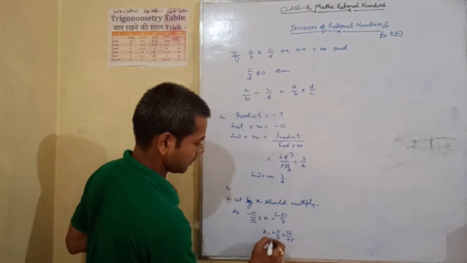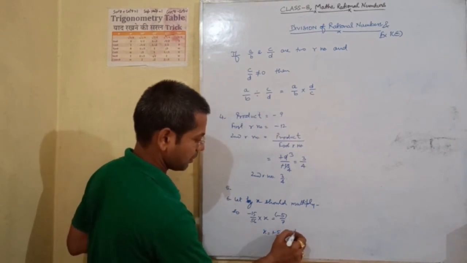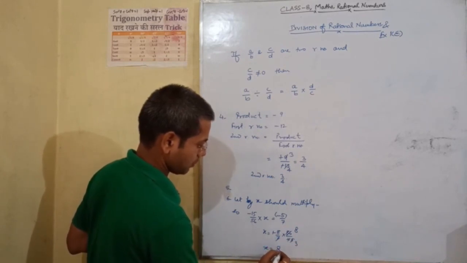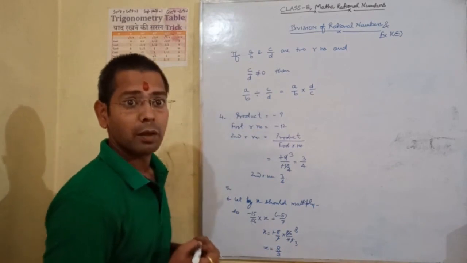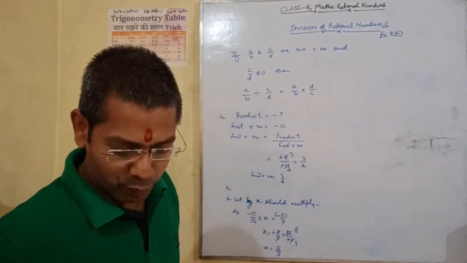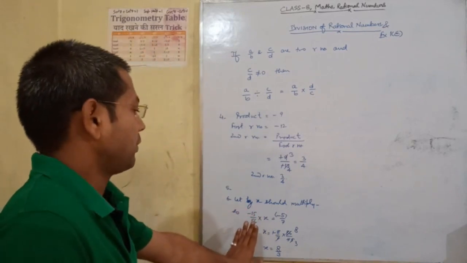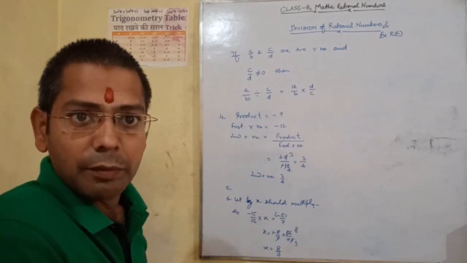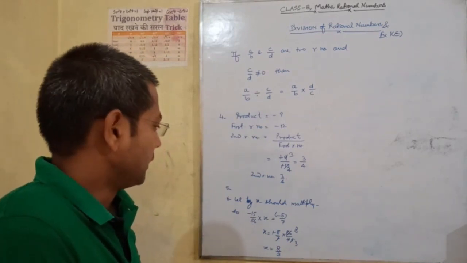The minus signs get cancelled. 7 8s are 56 and 5 3s are 15. So x is equal to 8 upon 3. So 8 upon 3 is the number which, multiplied by minus 15 upon 56, will make the result minus 5 upon 7.